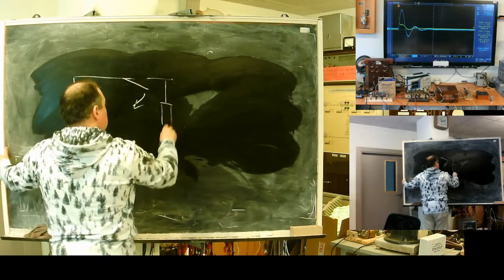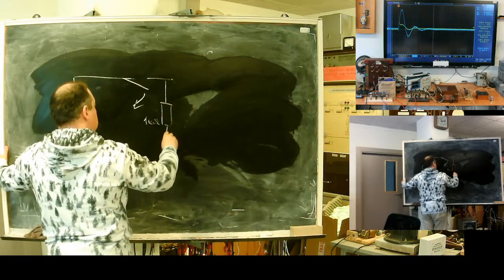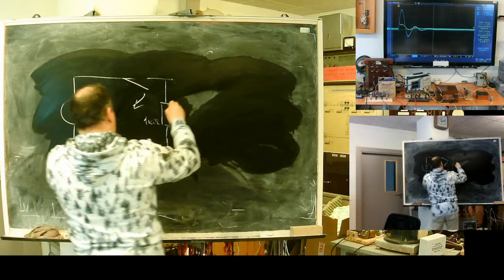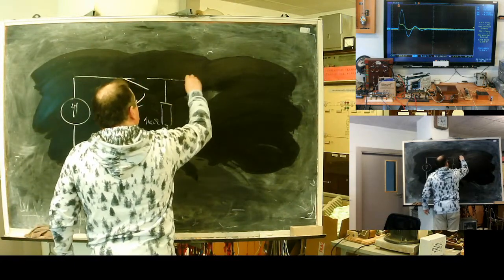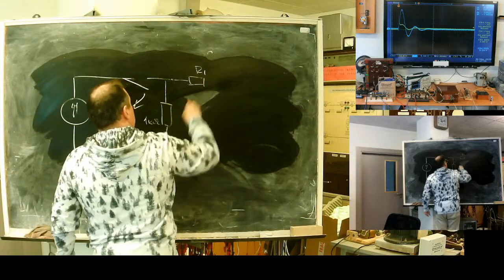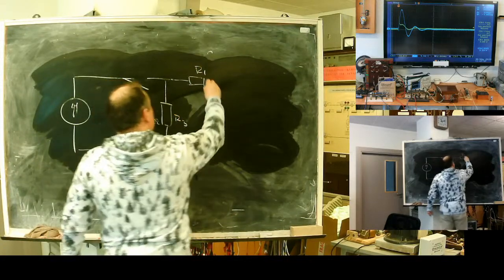I will add a 1000 ohm resistance just to close the net. This will be R3.